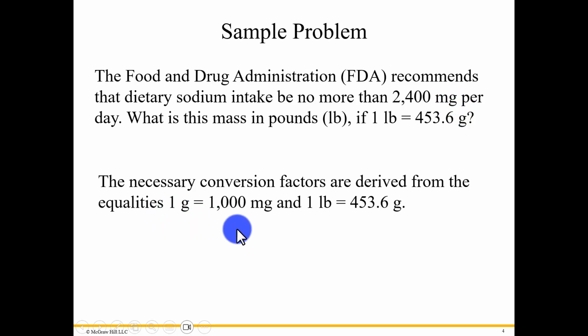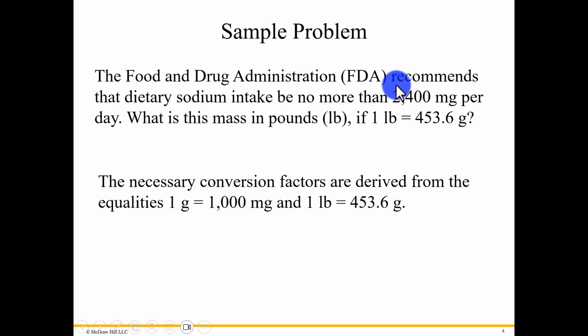So you have 2 necessary conversions. You have the one that's given to you in the problem, the metric to English conversion, 1 pound equals 453.6 grams, and also the metric to metric conversion. So 1 gram has 1,000 milligrams.